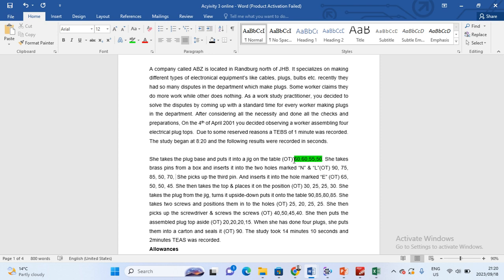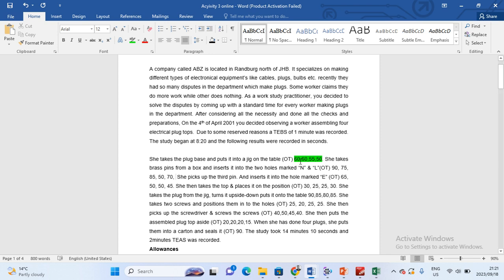And you need to find your rating, you need to find your basic time. By now, we all know how to find or how to get your basic time. 60, 60, 55, and 50. These are the first element in all of our cycles. And from here, we can determine that we have 4 cycles. But before determining that, let's just carry on with our activity.